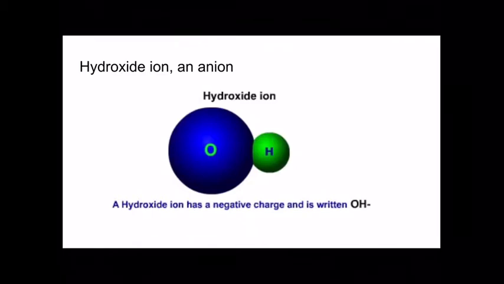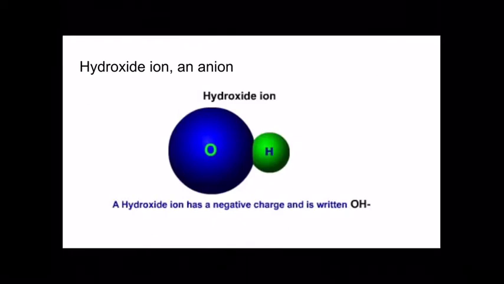So the other ion that would make up water would be the hydroxide ion. So here's a depiction of a hydroxide ion. Hydroxide is one oxygen and one hydrogen. This oxygen and hydrogen are covalently bonded, so they're sharing an electron, but this oxygen has such a hefty nucleus that it has the ability to pull one more electron to it as well.